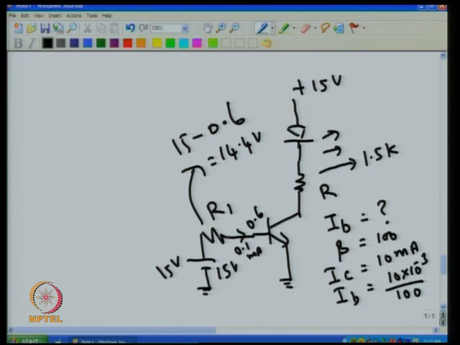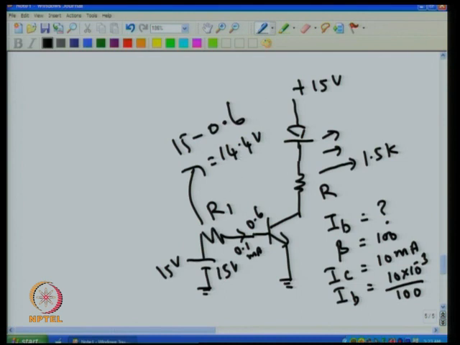This has no other goal than sitting at 0.6, because if it is less than 0.6 it will not conduct. If it is not conductive, there is no base current, so there won't be any voltage drop. So once you connect like this, it will automatically come to 0.6. That makes this resistor get 14.4 volt.